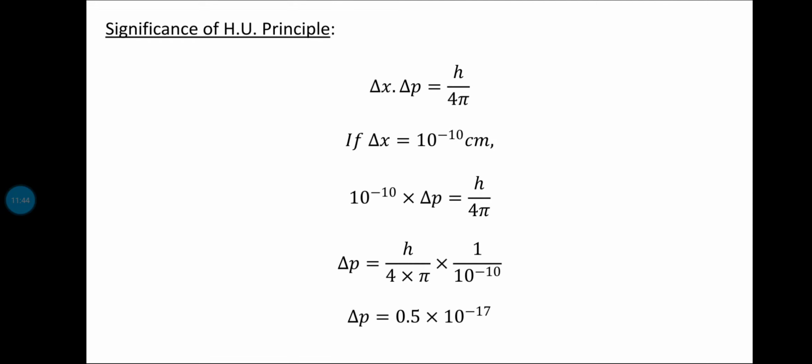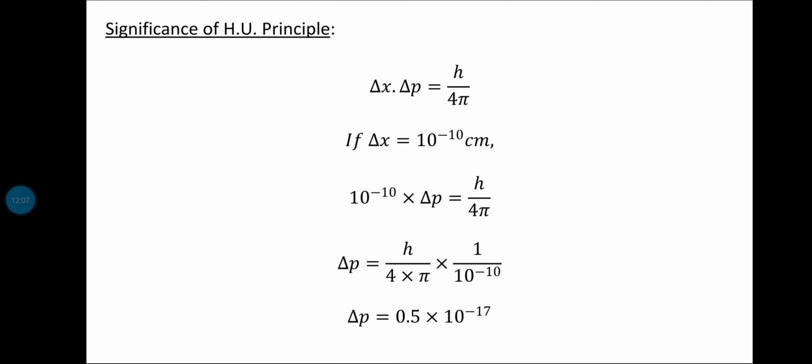Therefore, we can say that if you determine the position accurately, you cannot determine the value of velocity and it becomes uncertain, and vice versa. So this uncertainty principle is not due to a lack of precise measurement, it is due to a fundamental characteristic of nature.